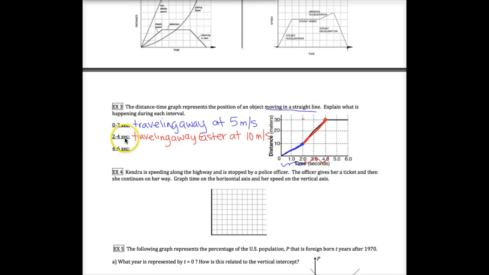And then finally, from 4 to 6 seconds, right here, a horizontal line means that it's stopped. And where did it stop? 30 meters away from where it started. So that is our interpretation of each of those little intervals.